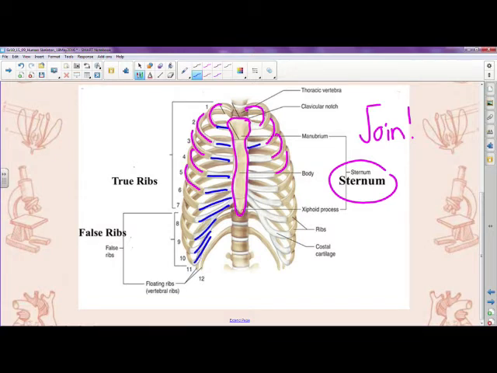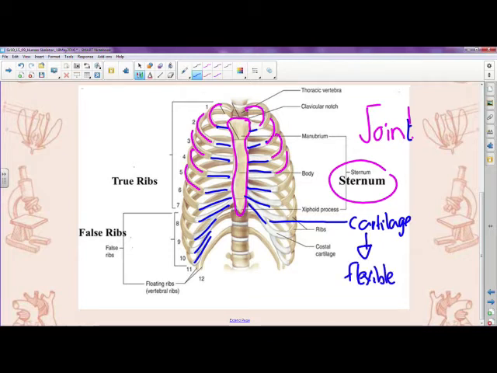Those white parts are not bone. Those white parts are cartilage. Now, why is that important? We're going to learn about it next week when we do joints. Cartilage to bone, the joint is more flexible. Bone to bone, we have very little movement.